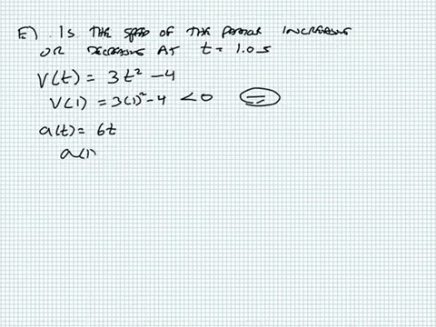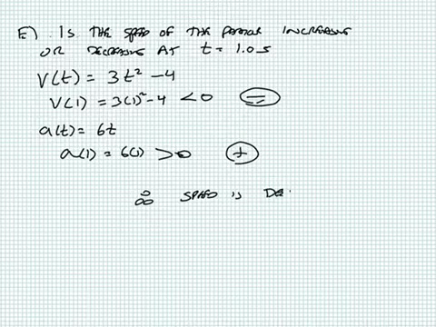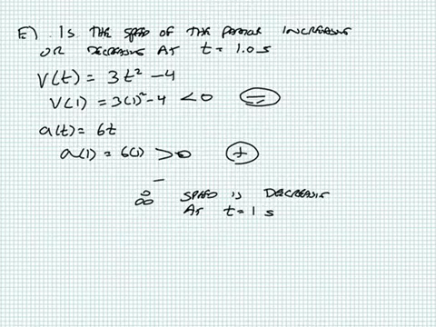And so the acceleration at 1 second is 6 times 1, and that's greater than 0, so it's positive. So therefore, since the signs are different, I can conclude that the speed is decreasing at t equals 1 second.